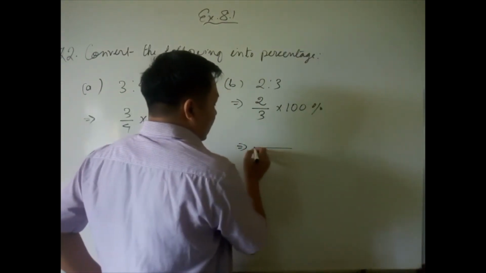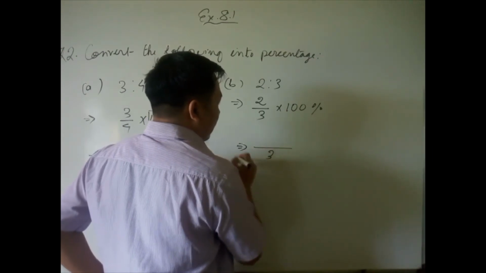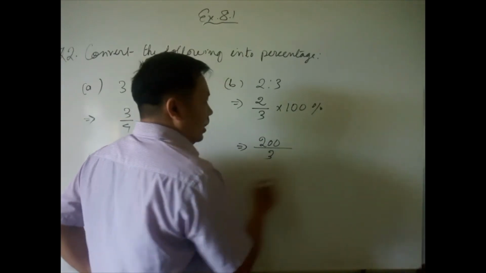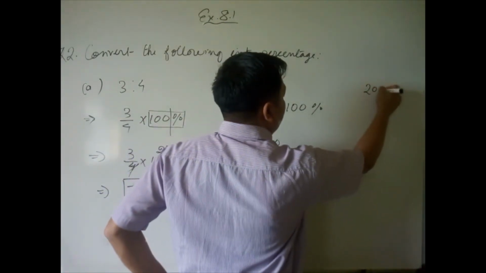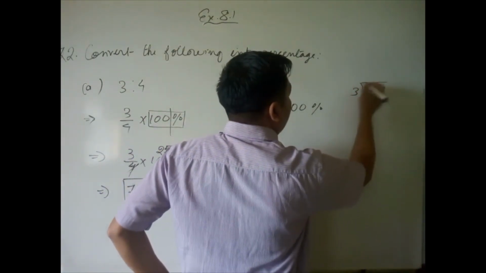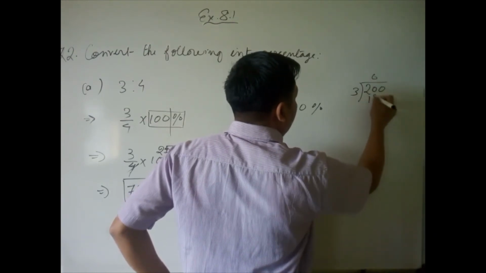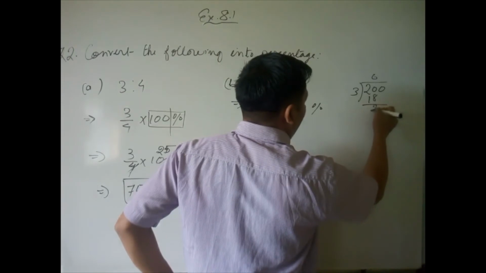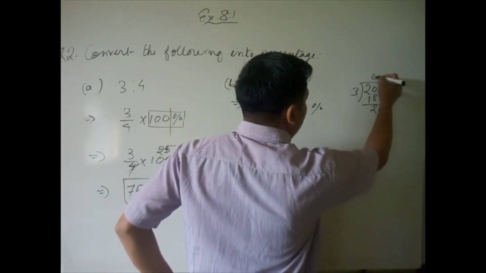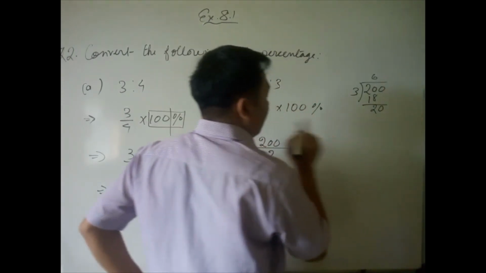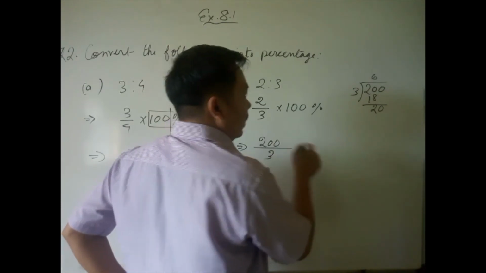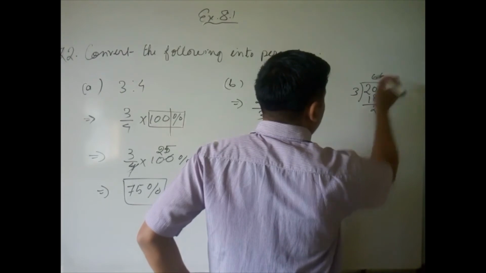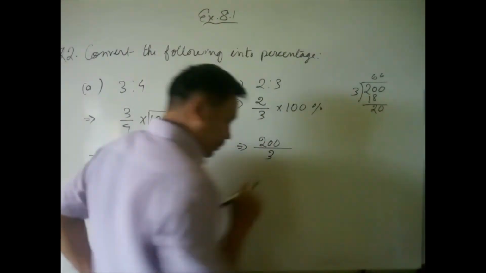Here you write down 3, and 2 times 100 you get 200. So just divide this 200 by 3. 3 sixes are 18, then you get 20. 3 sixes are 18, you get again 6.